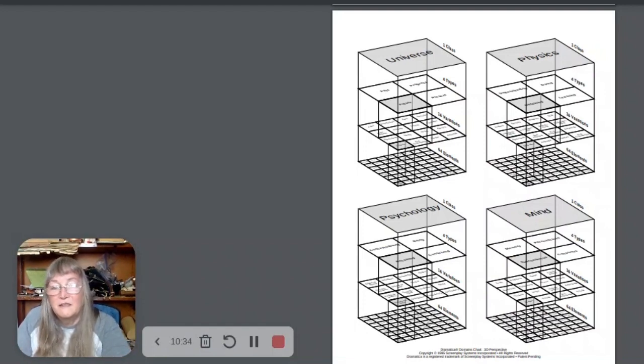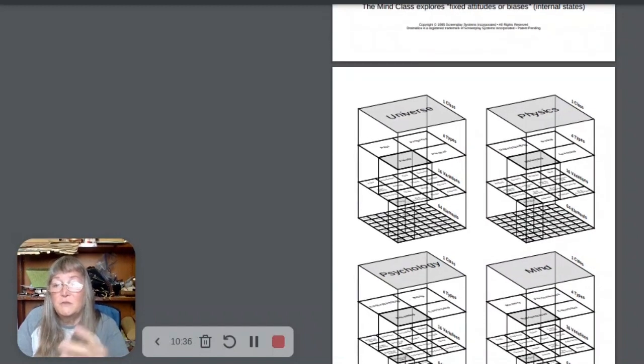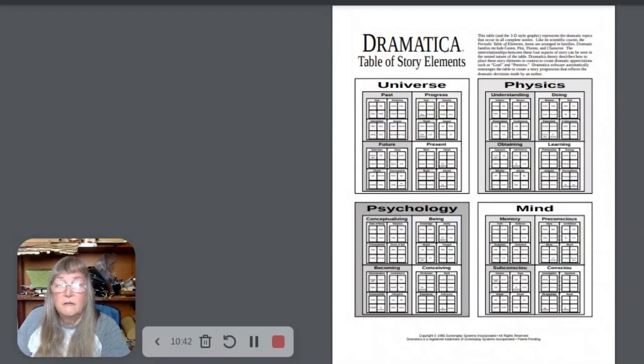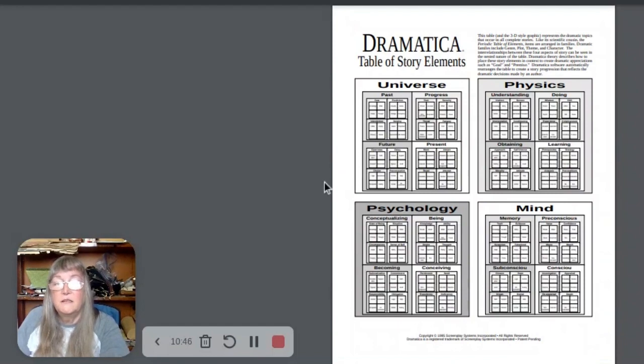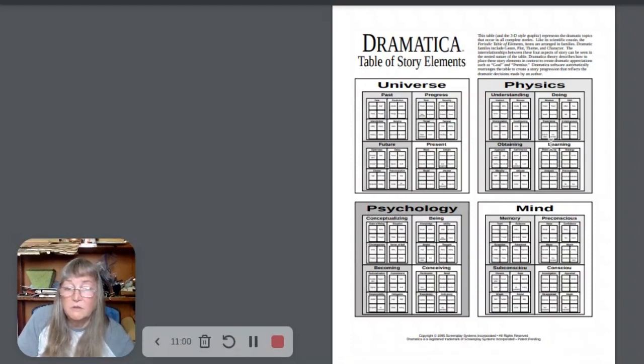Now, the reason for that is that that's the way the mind works. The mind works fractally. Let me go back up to this chart. We ask ourselves, I have a problem. I need to solve it. First, I have to identify where it's coming from. Is it coming from some fixed situation, or is it coming from some activity going on in the world?